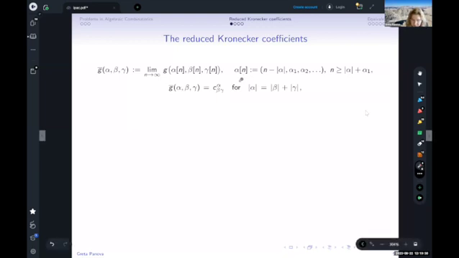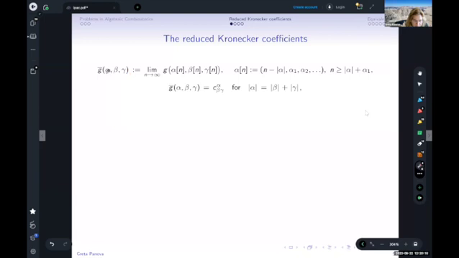We make augmented partitions where we add in a long first row, so that the new partition actually has size equal to n. Then we take the Kronecker coefficient of these three partitions. Now they are of the same size. And it turns out, this is a theorem, not obvious, that when n goes to infinity, these integers stabilize. And this is what the reduced Kronecker coefficient is.